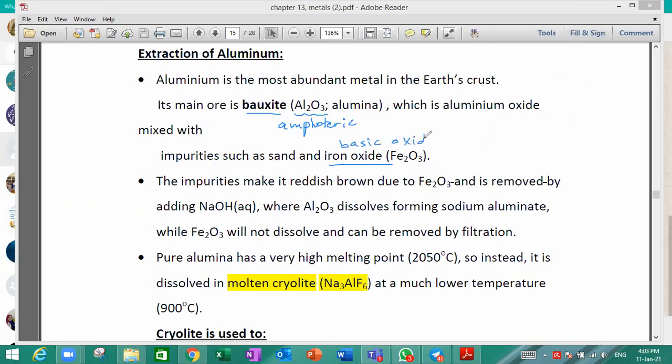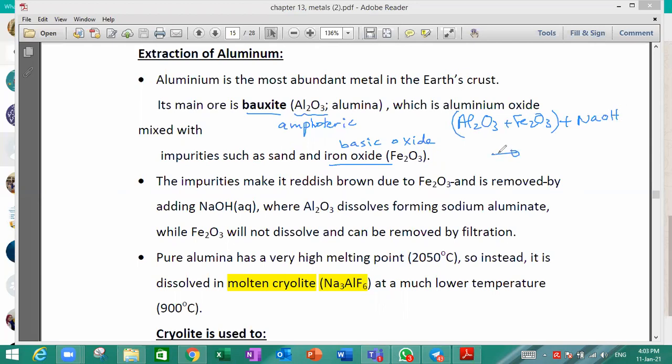So if I want to get rid of this iron oxide, then I will react the bauxite ore that contains aluminium oxide and iron oxide. We are going to react this mixture present in the ore with sodium hydroxide.